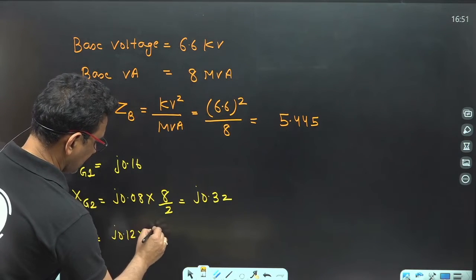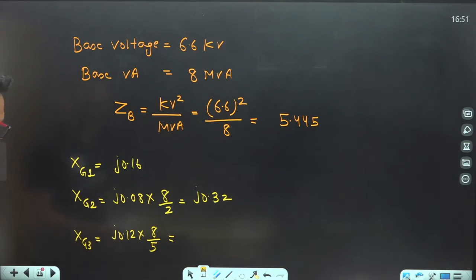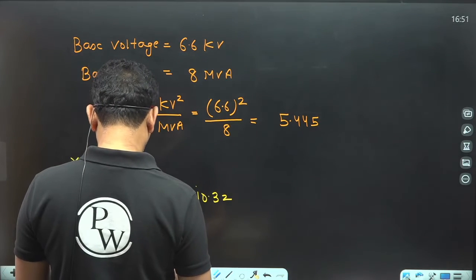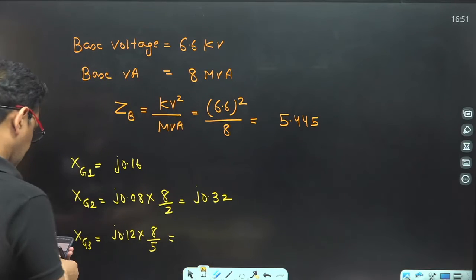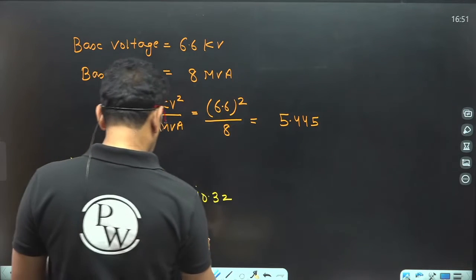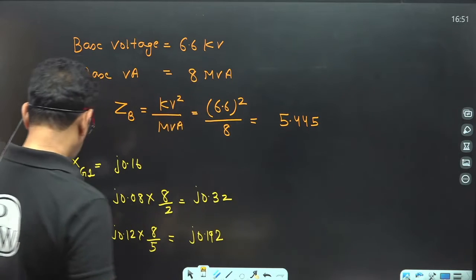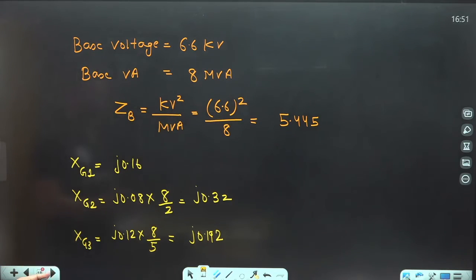At 8 MVA, what will be its value? 0.12 into 8 by 5, which is 0.192. Clear?